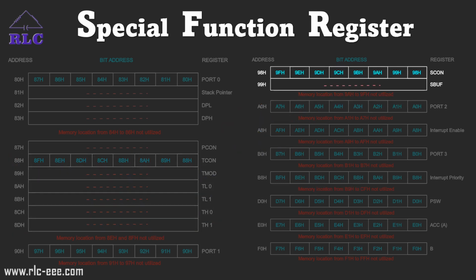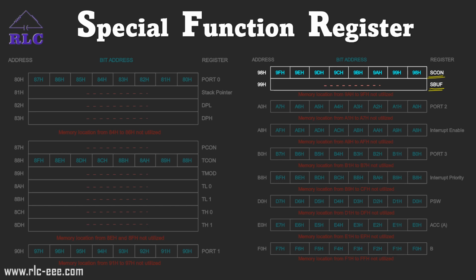Next we'll see the serial communication registers. In serial communication, we have two registers. One is SCON, the serial communication control register, and the other is SBUF, the serial buffer register. The serial buffer register holds the data to be transmitted serially or the data received serially.